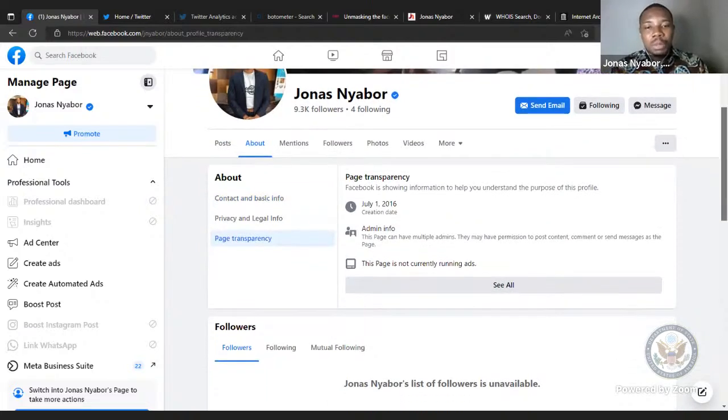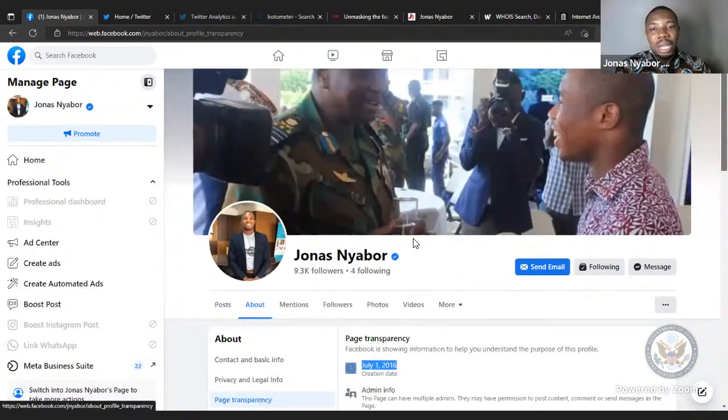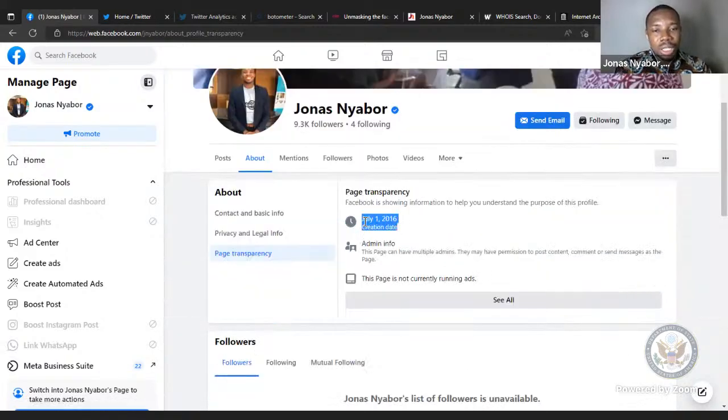At page transparency, you're able to find a lot of the useful information that I shared. All these things I talked about, like possible name changes and the date of creation of this particular page, are very useful. When you move to page transparency, the immediate thing you can see is the date the page was created.